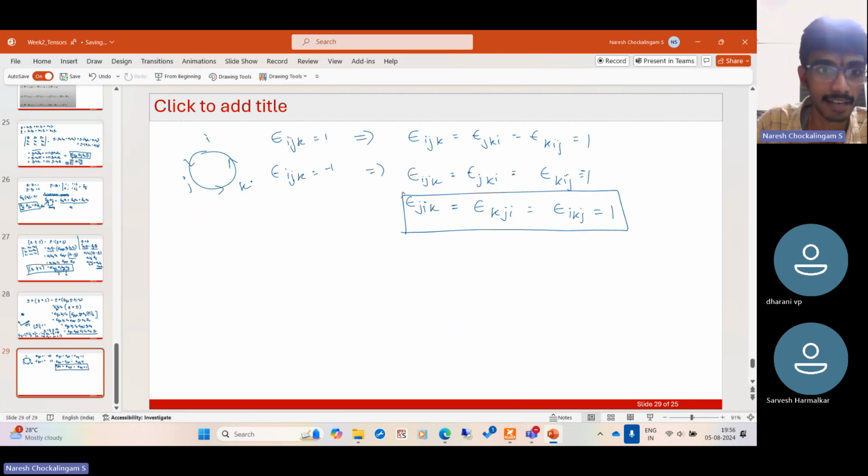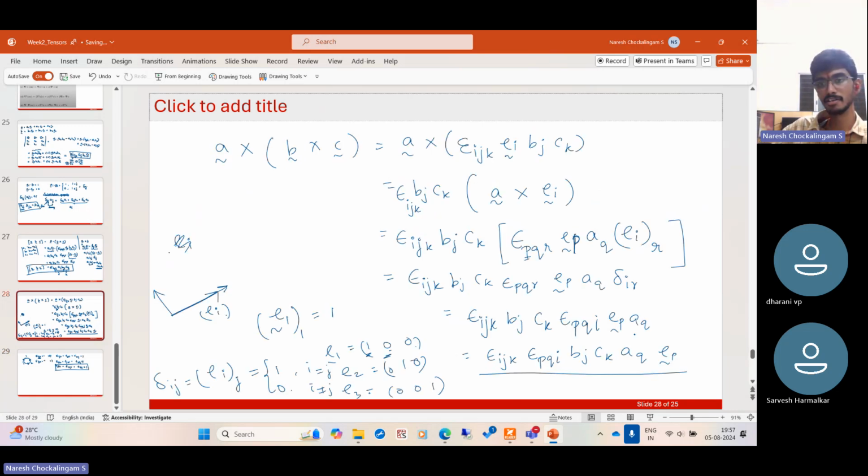So you are allowed to rearrange the indices in the same cyclic order. Put this ijk on a circle and take the same order without altering the value. Without changing the value of this whole expression, you can cycle the indices.